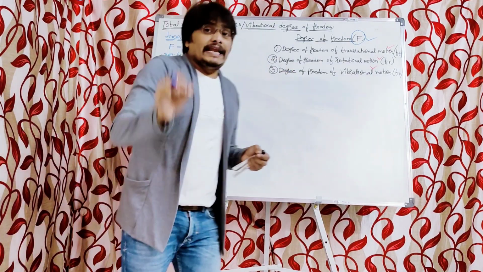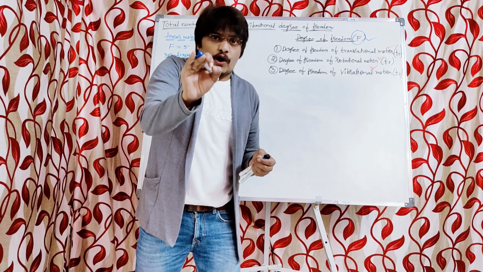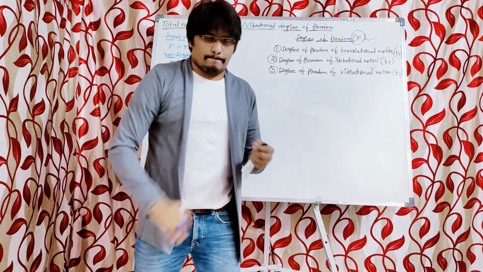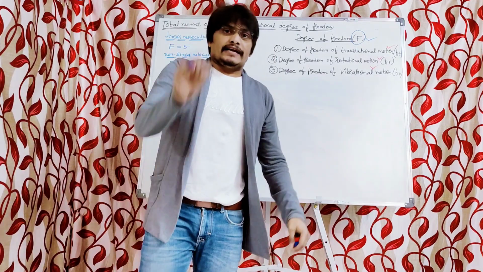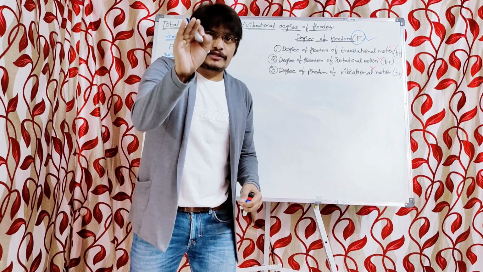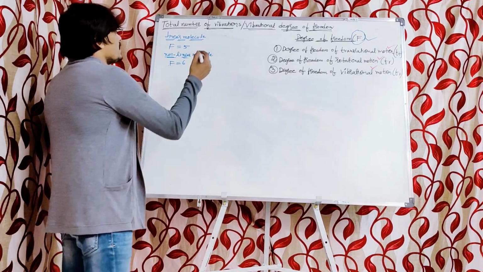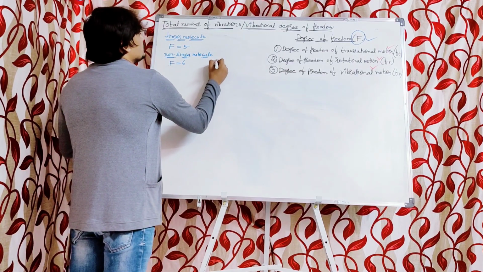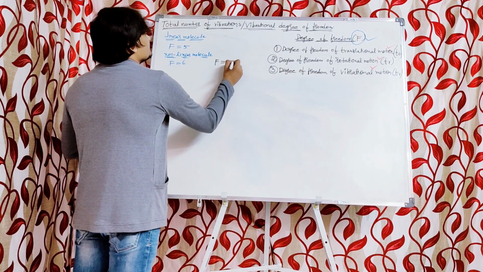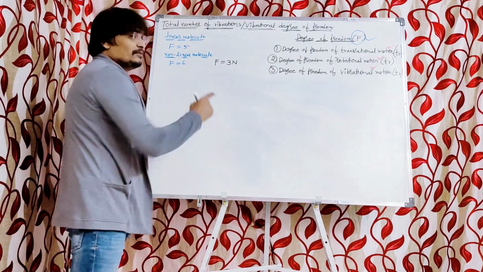Now, let us apply the concept we have discussed till now to IR spectroscopy. Do remember, students, F is equal to 3n. F is nothing but the degree of freedom.